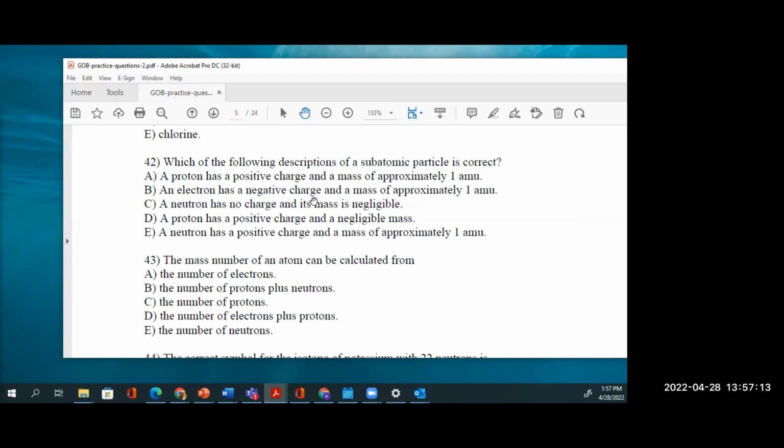C, a neutron has no charge and its mass is negligible. D, a proton has a positive charge and its mass is negligible. E, a neutron has a positive charge and a mass of approximately 1 AMU. So we're looking for the one that is correct.